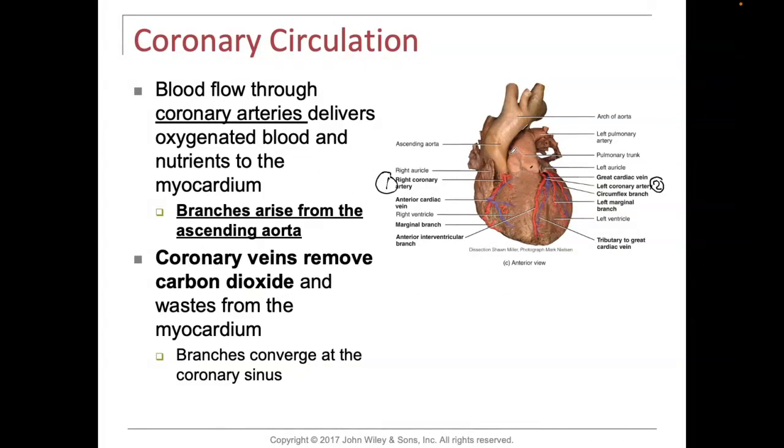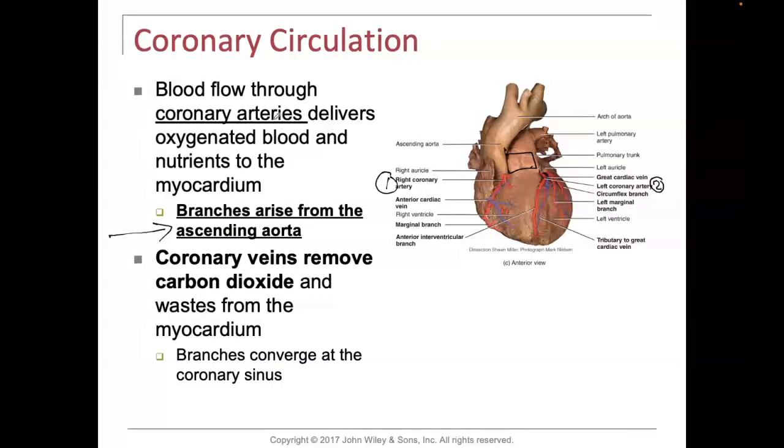Now, if the pulmonary trunk was cut out of the way, we'd be able to see the origin of the right coronary and the left coronary coming right off of the ascending aorta. We'd see them both arising there.